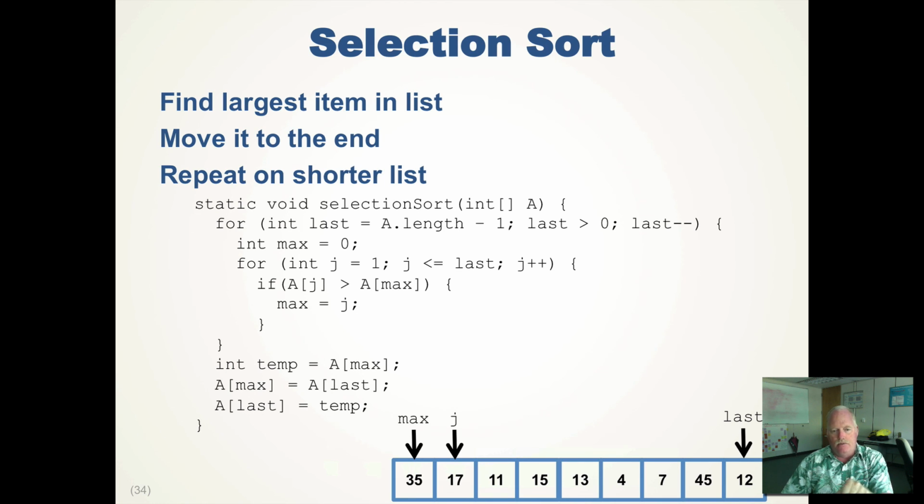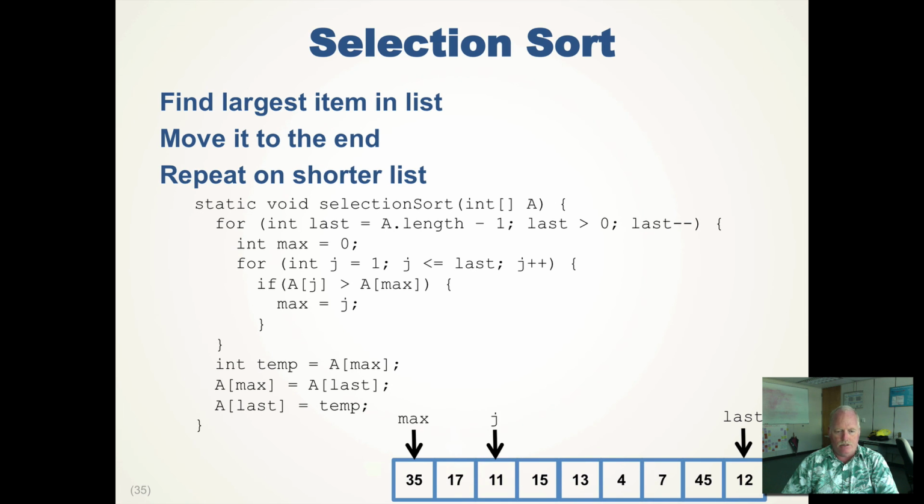And then we keep track of which is the index of the largest value in the array. Once we've found the index of the largest value in the array, we do a swap, and that's int temp equals max, max equals last, last equals temp. So last is going to point to the one that we're swapping to, and max is going to point to the largest one in the array.